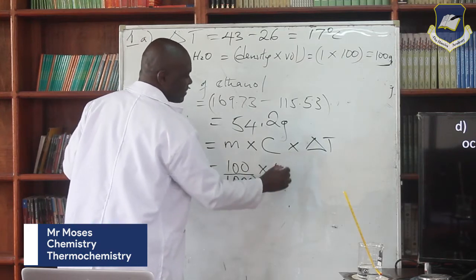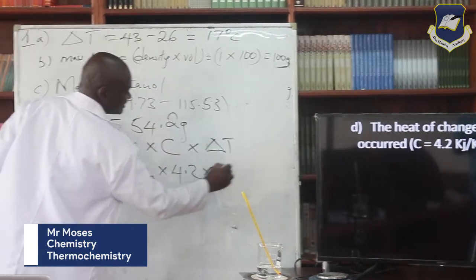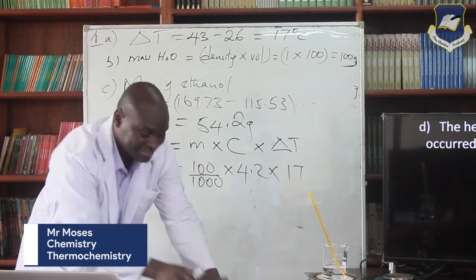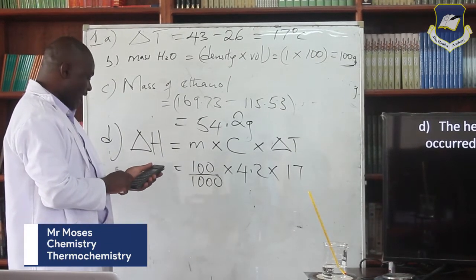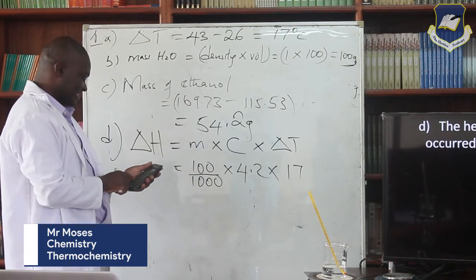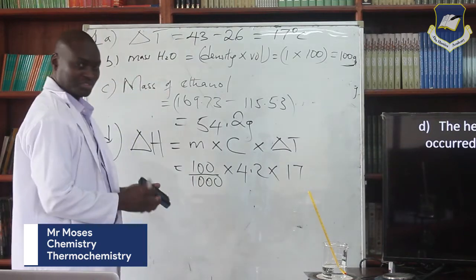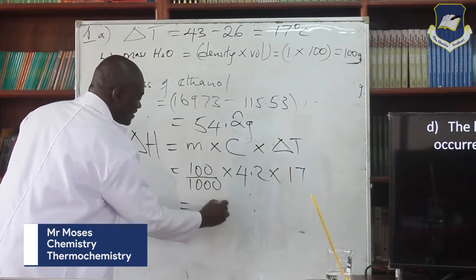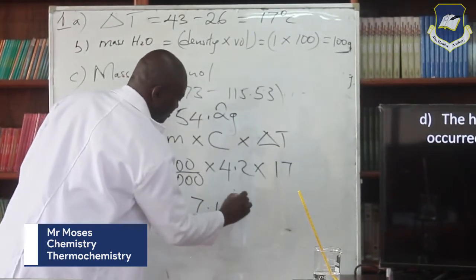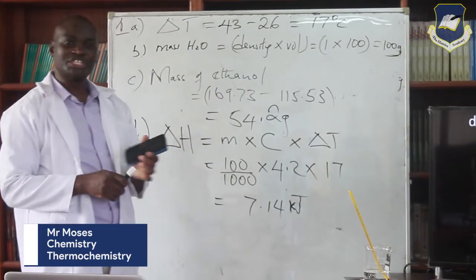Then times specific heat capacity, which is given as 4.2, times 17 degrees Celsius. So we are going to have 0.1 times 4.2 times 17, then we have 7.14. So this one will give us 7.14 kilojoules. This k must be a small k, J must be capital J.